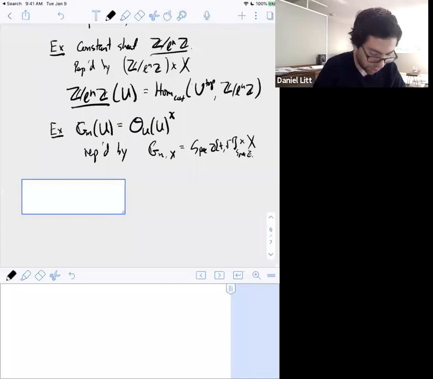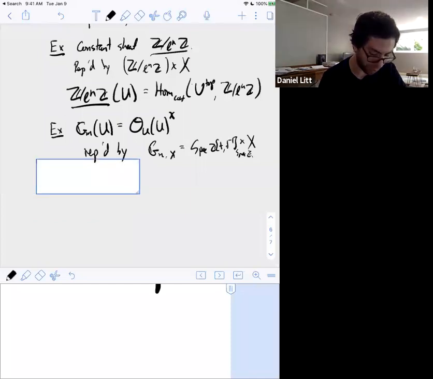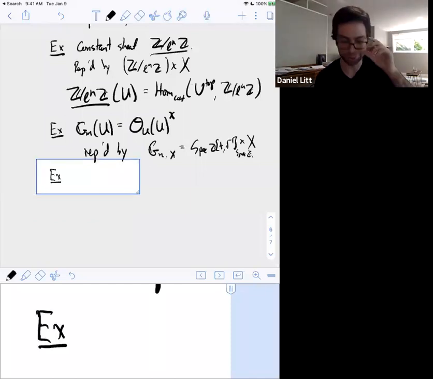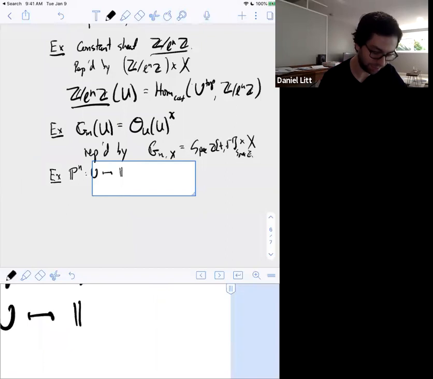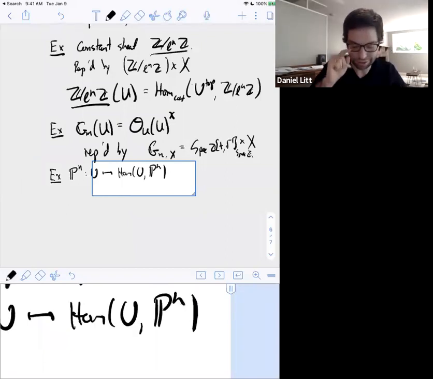Great. Okay, so maybe I should give one more example, which is not valued in groups. There's this functor P^n, which sends a scheme U to P^n(U). You could write that functor down.